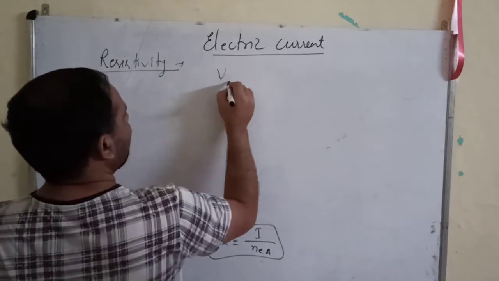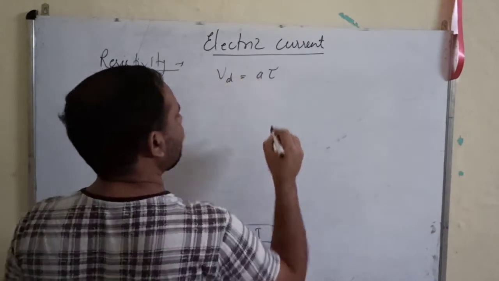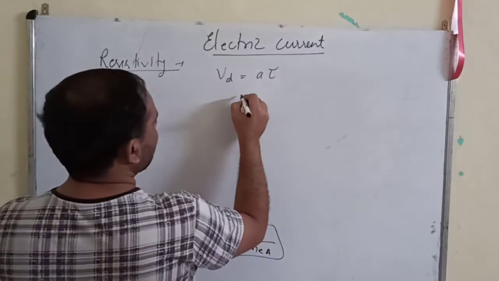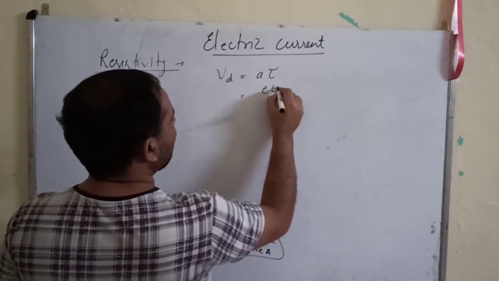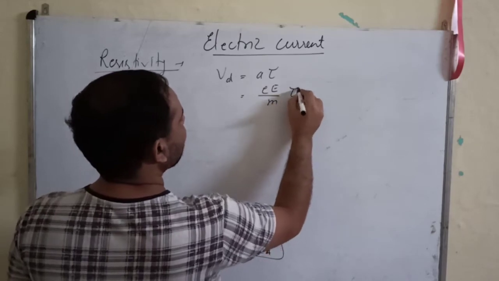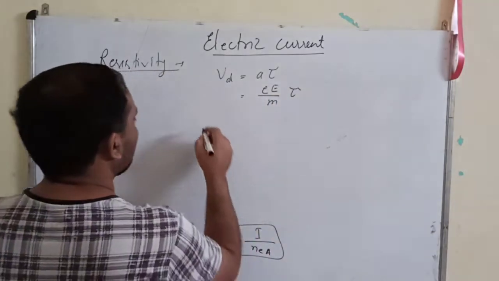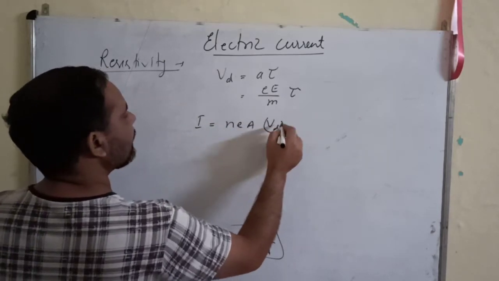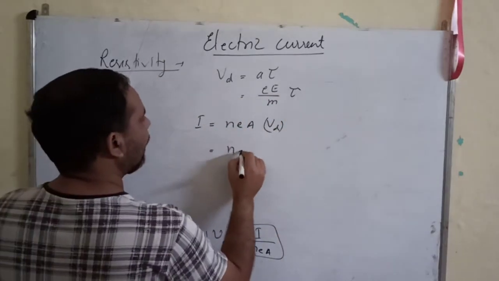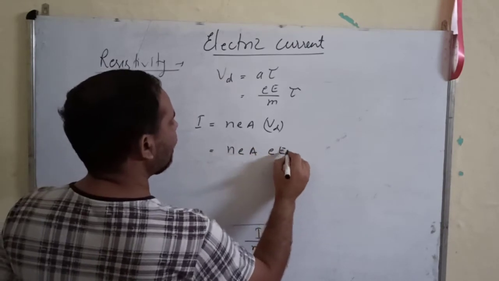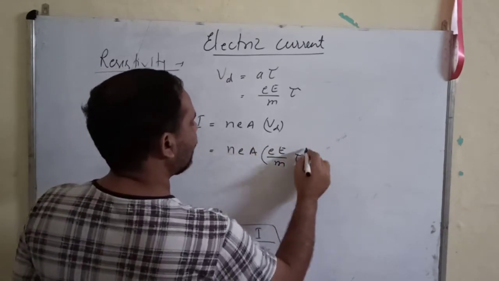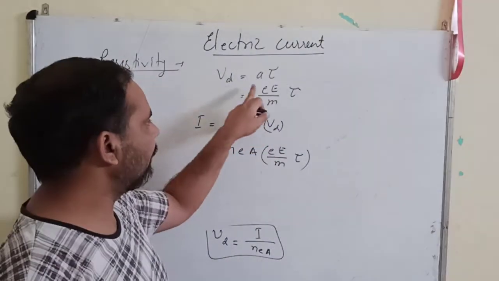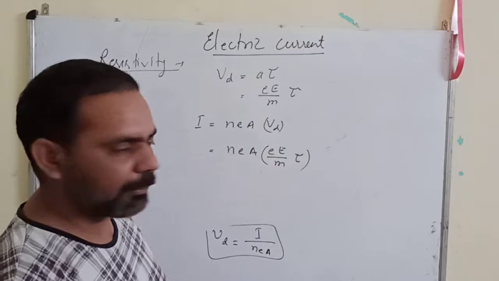So we had the formula Vd equals A tau, and for A you can write E upon M, so Vd equals E upon M into tau. Now how much is I? I is equal to NEA Vd. For this Vd you can write this formula, E upon M tau.